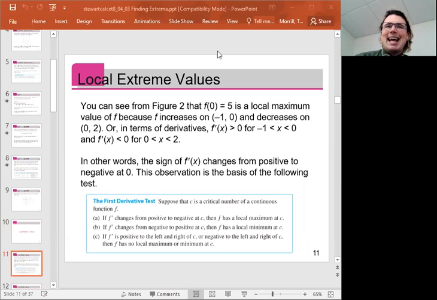Does the sign of the derivative of f change from positive to negative? Or does it change from negative to positive? In those two cases, that means the function used to be increasing, and now it decreases. Oh, a maximum. Or the function was decreasing, and then it changes course and increases instead. A minimum.